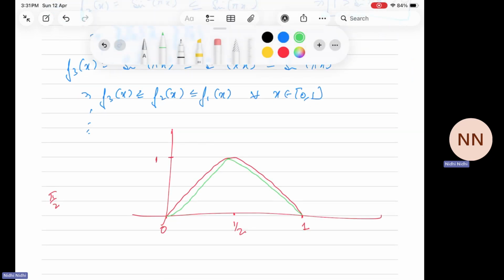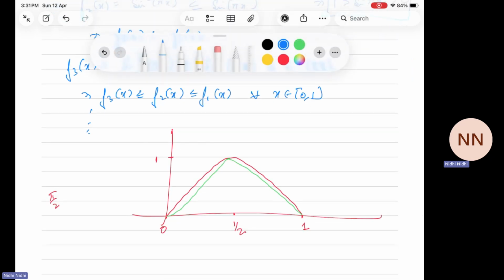And as you move forward, the functions are something like this. At x equal to 1 by 2, the values will be 1.